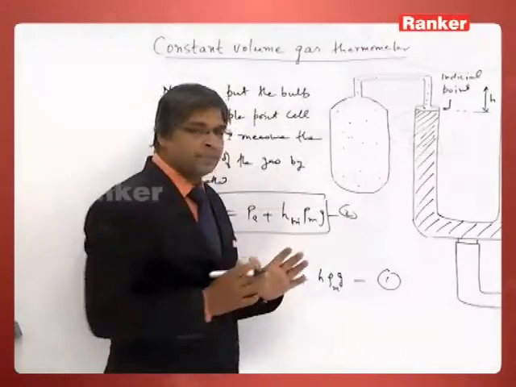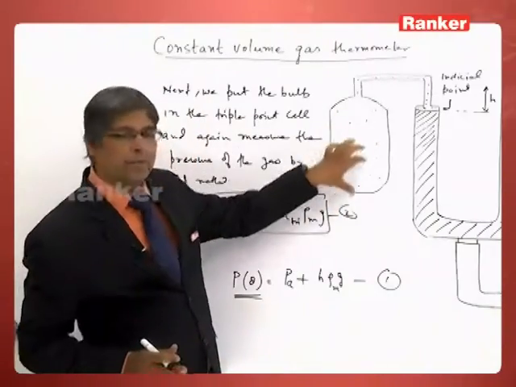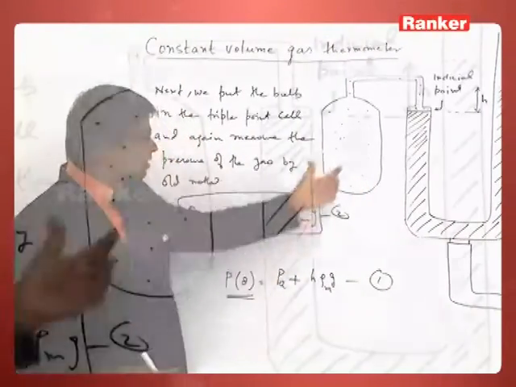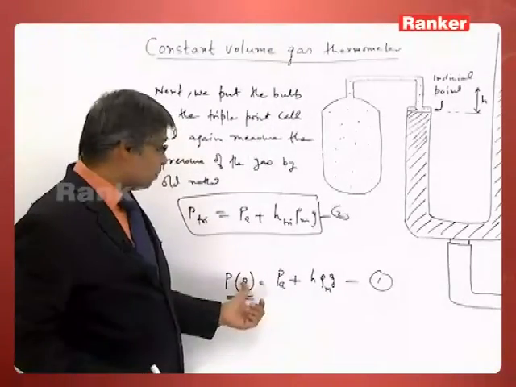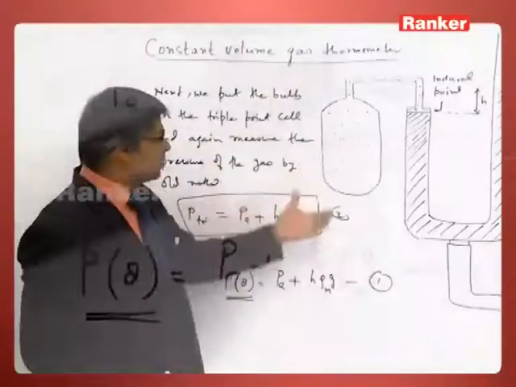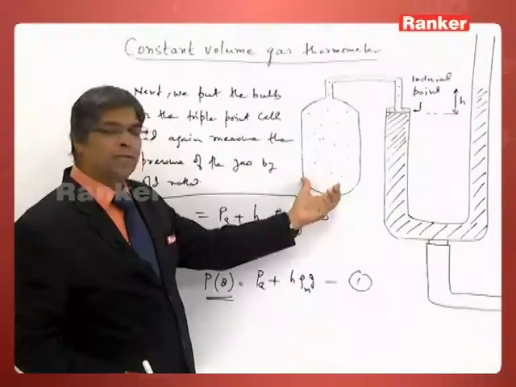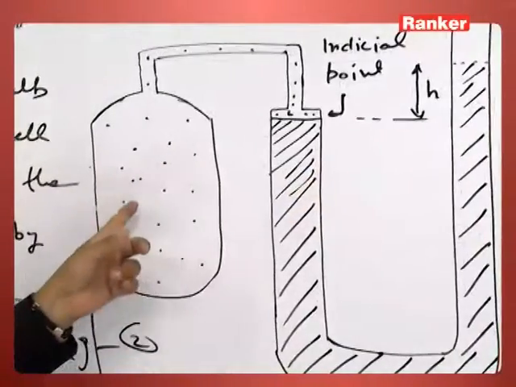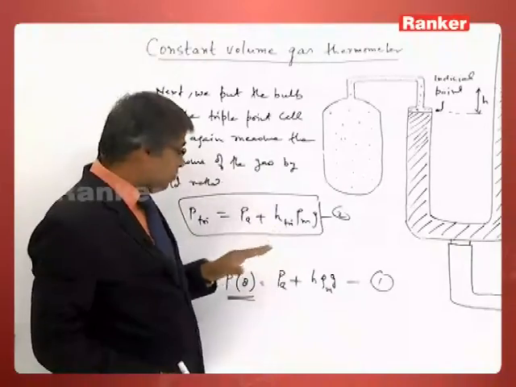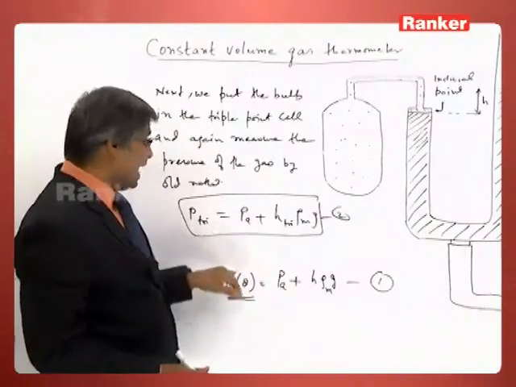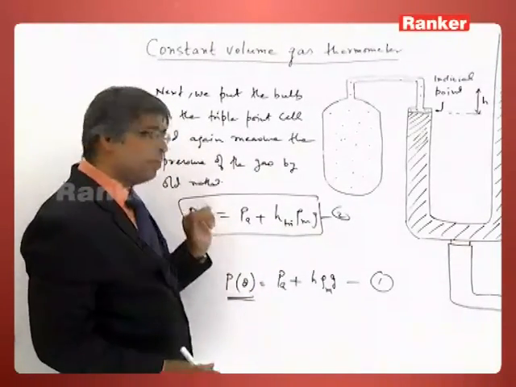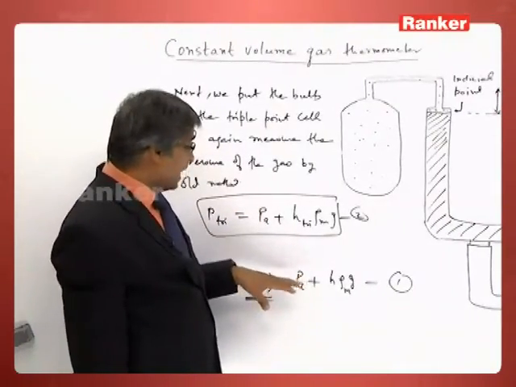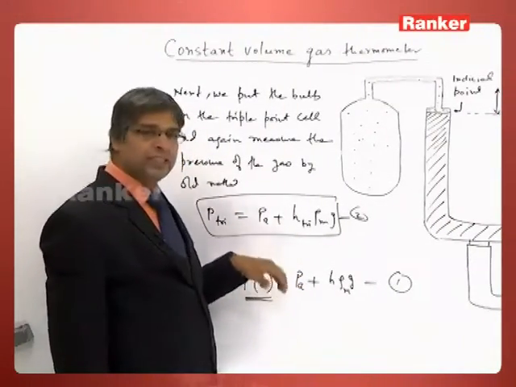So what we have done, first we put this thermometric bulb in the bath whose temperature has to be determined and see what is the pressure of the gas. We got P theta as this much. Next again we dip this bulb into a triple point cell and again calculate what is the pressure of the gas at triple point. So once I determined P at theta and P at triple point, then we will use the principle of thermometry to calculate the numerical value of theta.